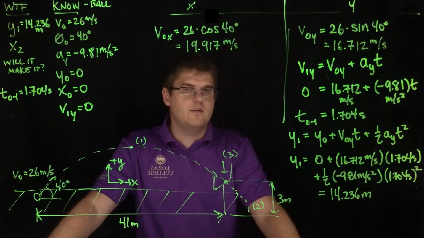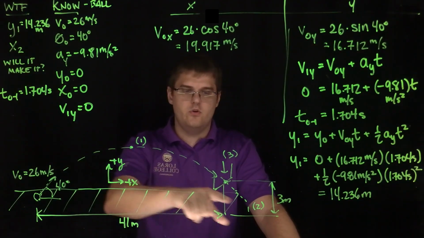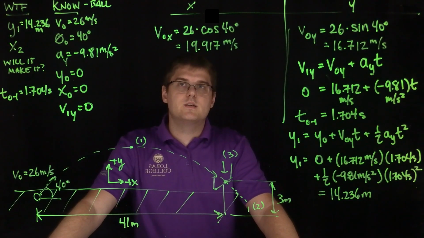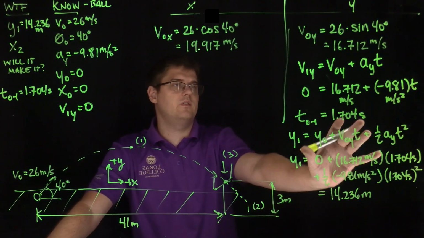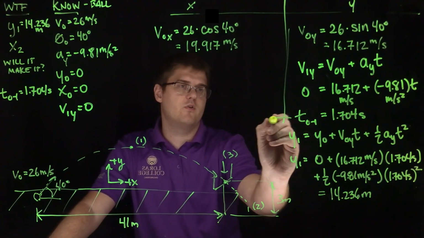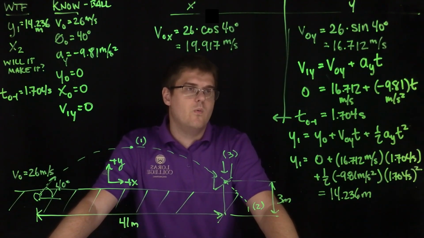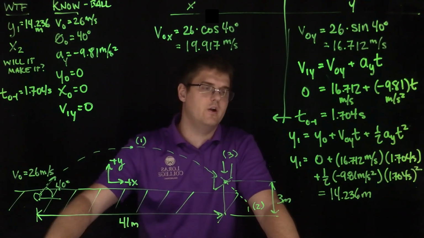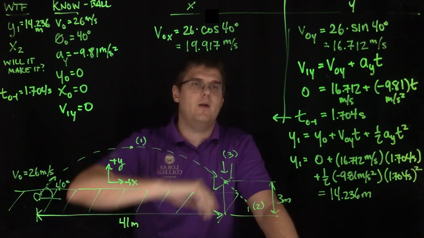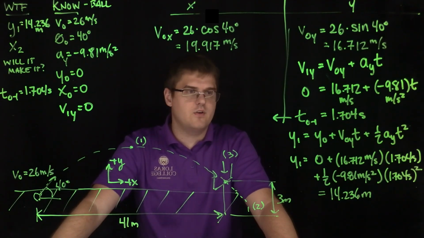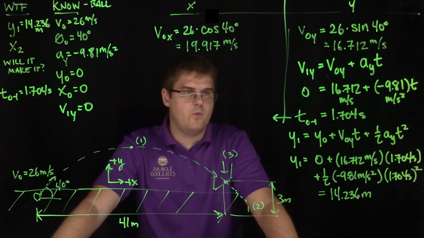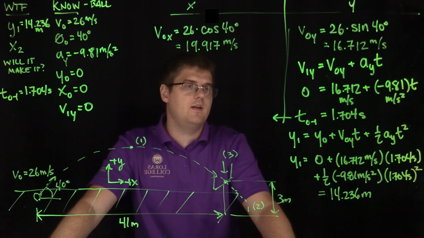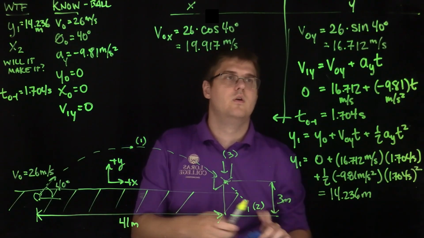14.236 meters is our height. We want to know x2. So in order to get that, the only thing that can currently come over is that I can figure out what time I can move time 1 over here. I don't really care about x at time 1. I don't care how far it's gone when it hits its peak. I care what time it is when it hits the ground.